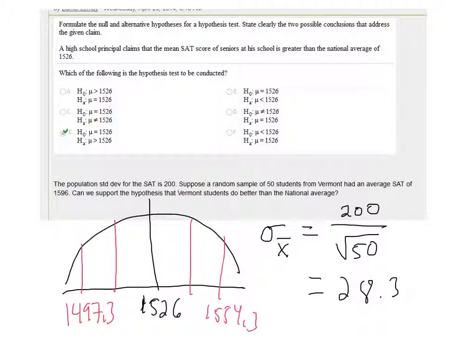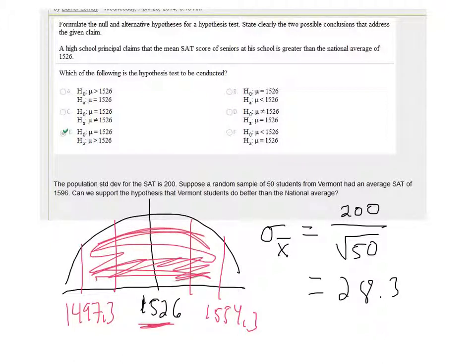So here's what H0 is saying. If this is the true average for the SAT scores in Vermont, which is the same as the national average, we can expect that 95% of all the samples of size 50 will fall in that range.